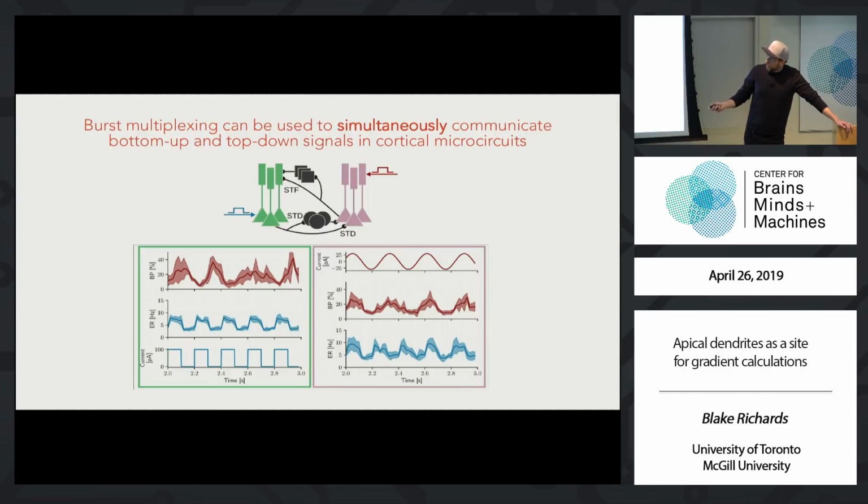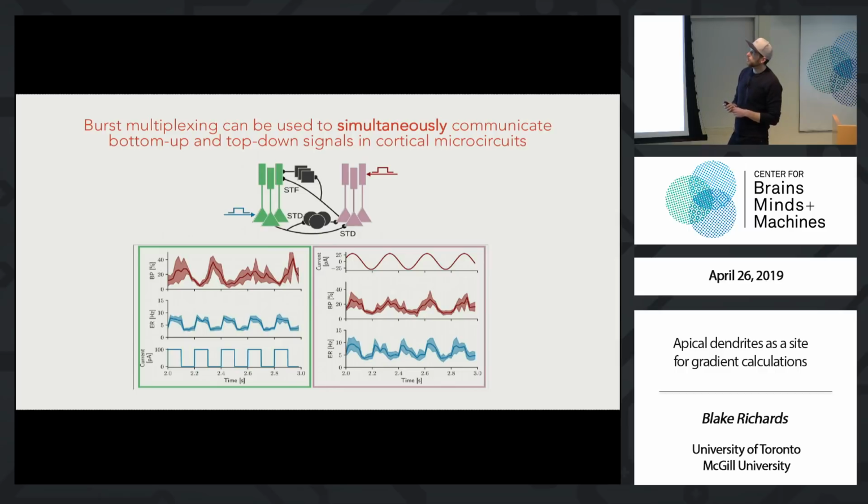Meanwhile, their event rate is encoding the signal that's coming into their perisomatic region, and we see that same signal get propagated up to this next ensemble here. So theoretically, what you could have is layers of pyramidal ensembles that are simultaneously broadcasting these two signals to each other at the same time.